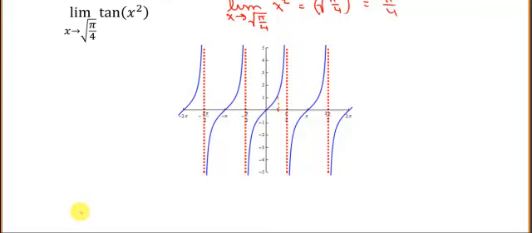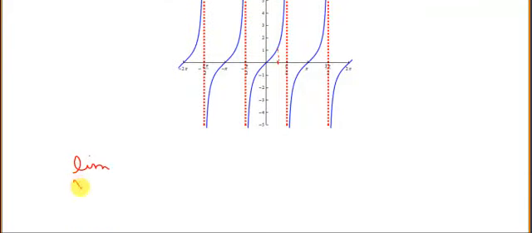That means that the limit as x approaches the square root of pi over 4 of tangent of x squared, since x squared is approaching a value in the domain of tangent, and tangent is continuous, we can move the limit inside of the function. That's a property of continuous functions.